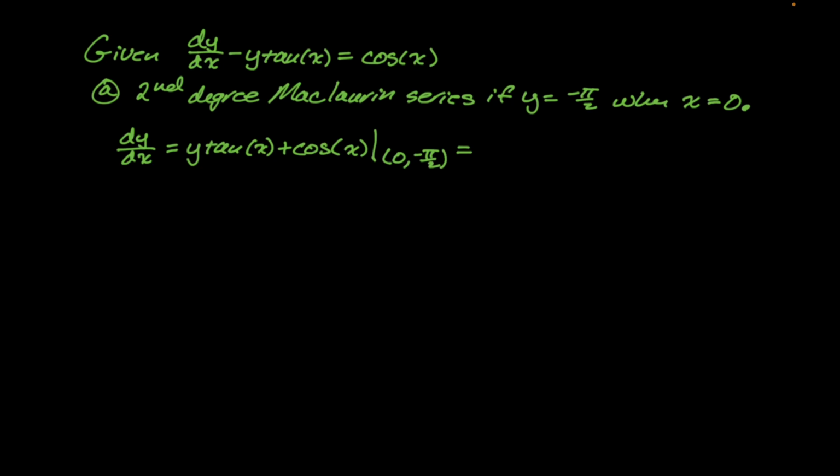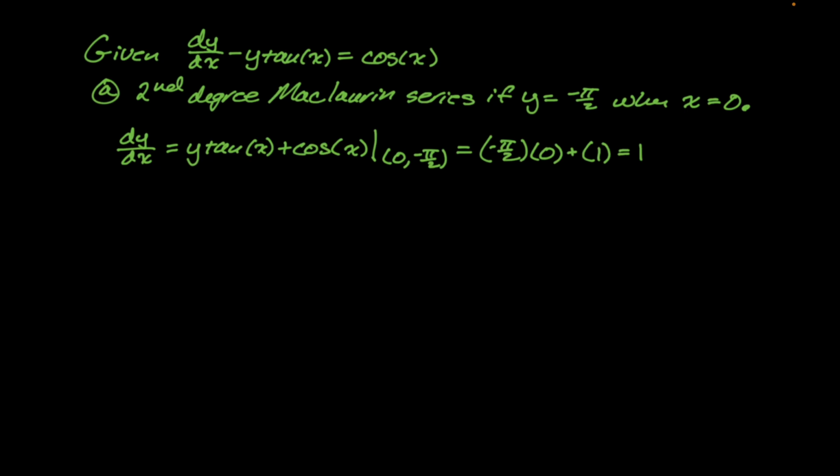Make sure you have those in the right order: x is 0, y is negative pi over 2. Now we're going to plug in. y is negative pi over 2, and the tangent of 0 is 0. The cosine of 0 is 1. So we have negative pi over 2 times 0, gone, plus 1 is equal to 1. So that's the value of the derivative.